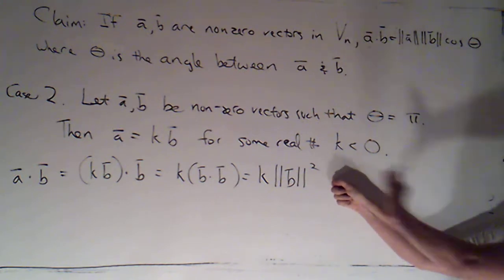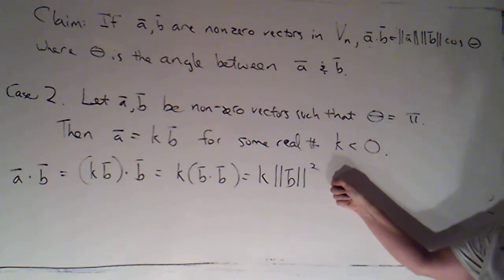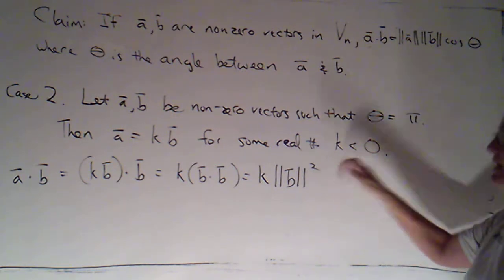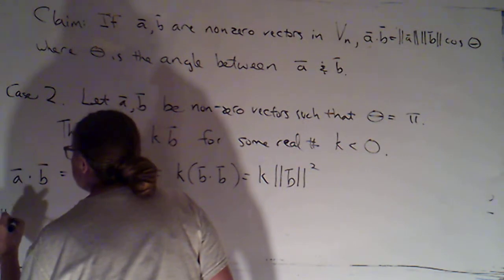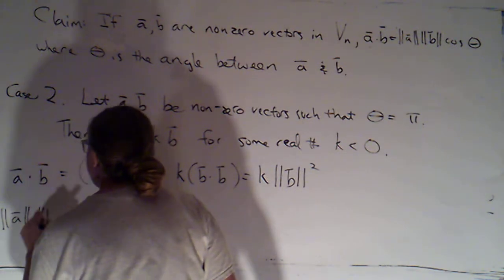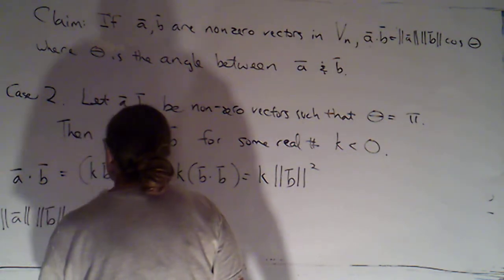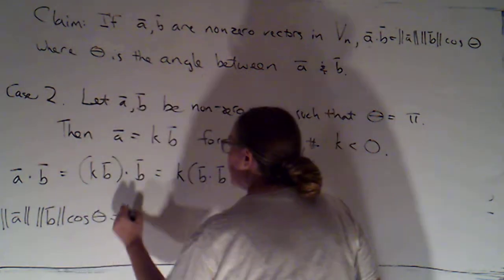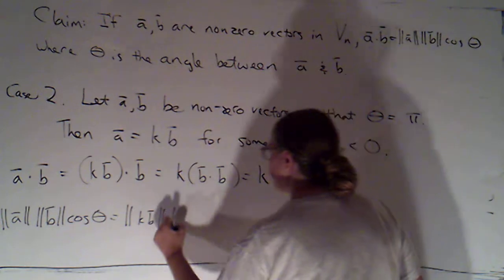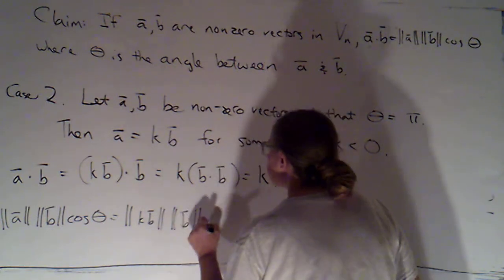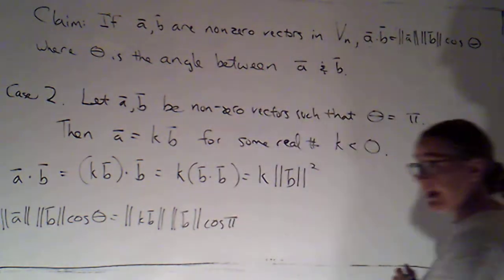That work is actually exactly the same as what we had in case 1 just a minute ago. Let's look at the other side. The magnitude of A times the magnitude of B times cosine of theta will be the magnitude of KB times the magnitude of B times cosine of pi.